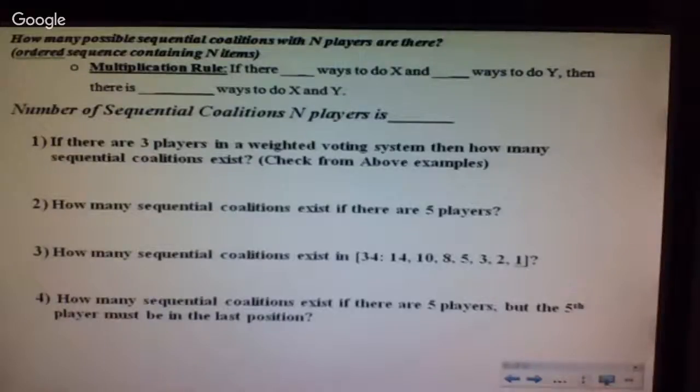Your multiplication rule says if there's m ways to do one thing and n ways to do another, then we have m times n ways to do both together. So if I have 5 shirts and 7 pairs of pants, I multiply 5 times 7 and have 35 different outfits I can make. And your number of sequential coalitions for n players is n factorial.